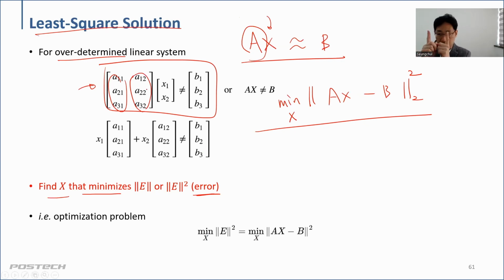these two column vectors, right? And in the previous lectures, this one is a linear combination of two column vectors in A with different coefficients or weights.